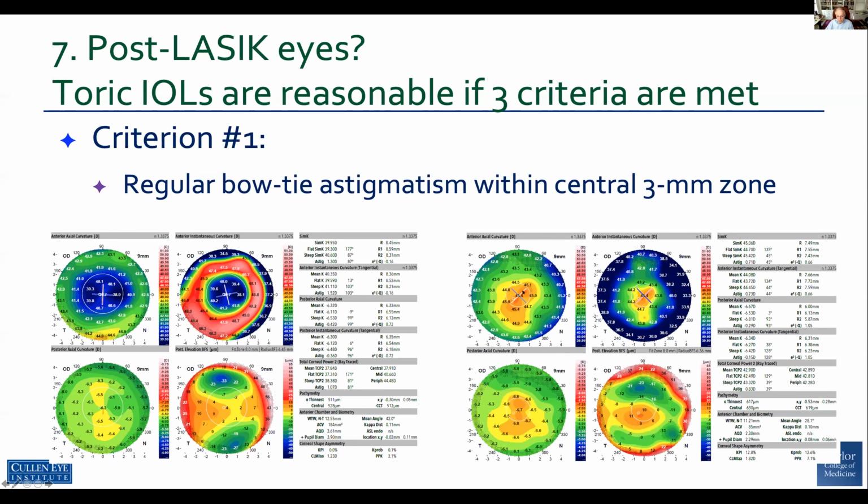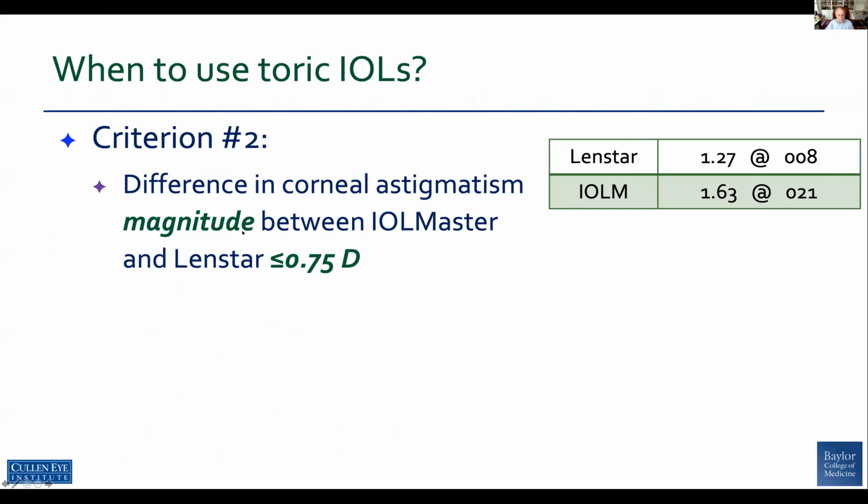Second, the difference in corneal astigmatism magnitude between the IOLMaster and the LENSTAR, or between the IOLMaster and your topographer, between 2 devices is less than or equal to 0.75 diopters. And here, for example, it's less than 0.75.